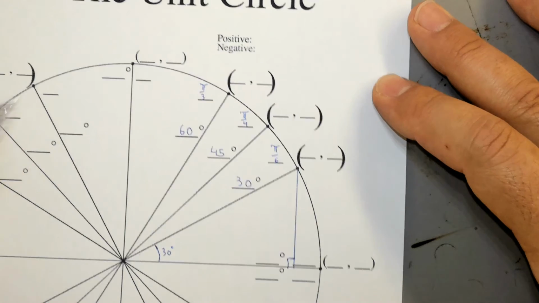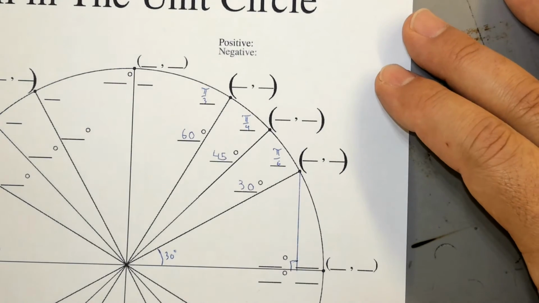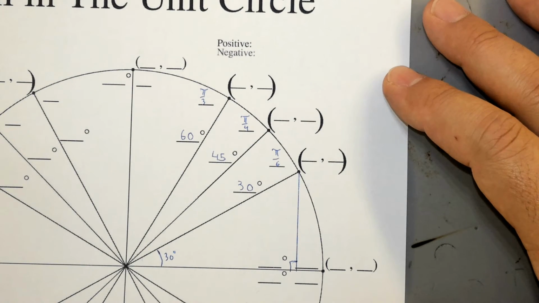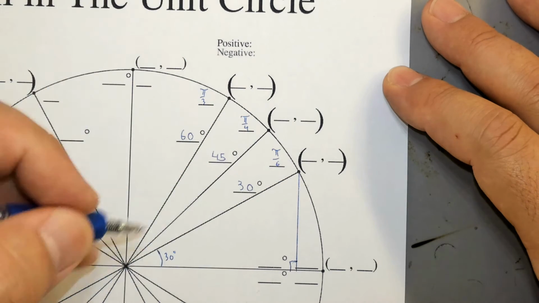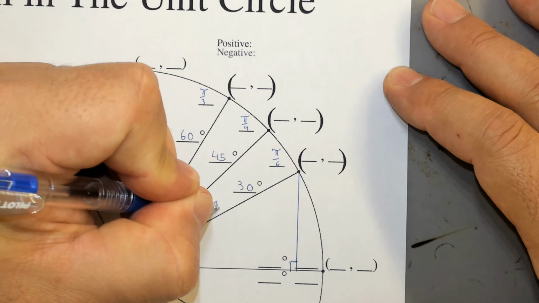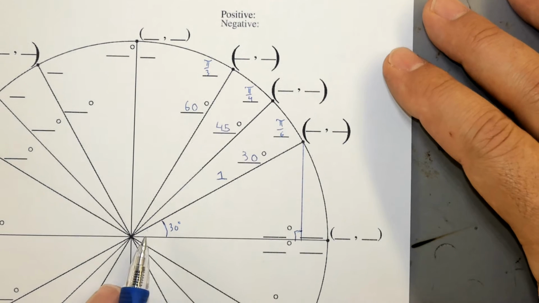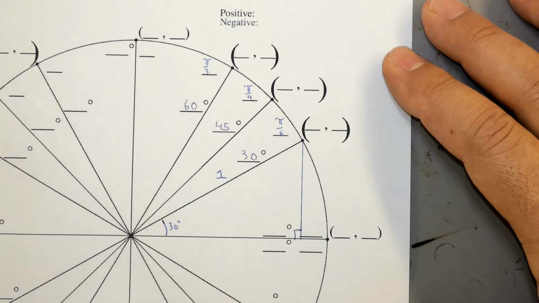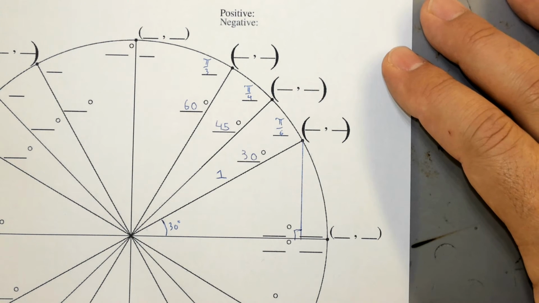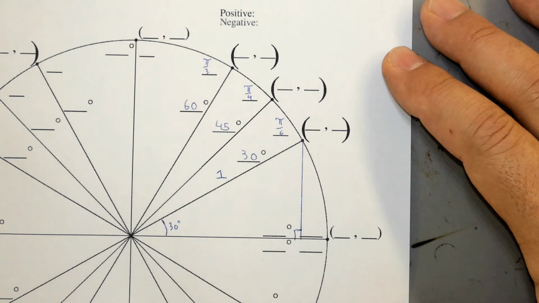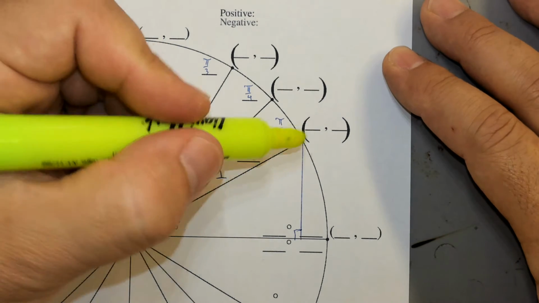Now because this is the unit circle, then what is the radius? The radius is 1. Again, why? Because it's the unit circle. Okay, and then the triangle that I want you to focus on, okay, so you could see it better, I'm going to just highlight it.